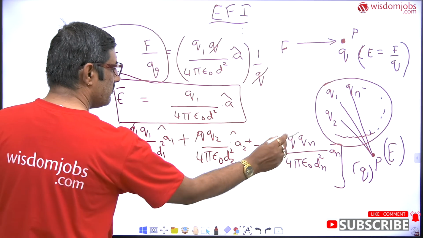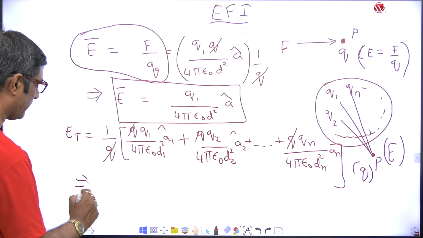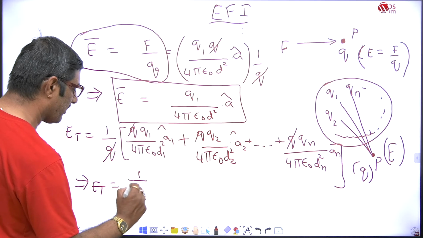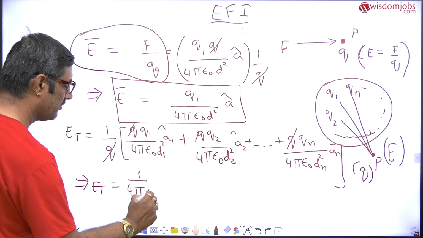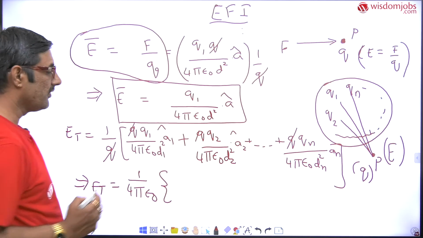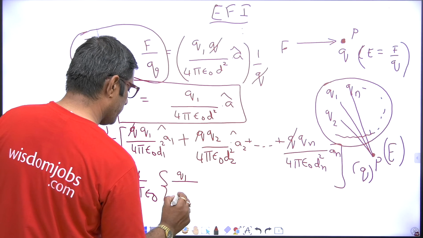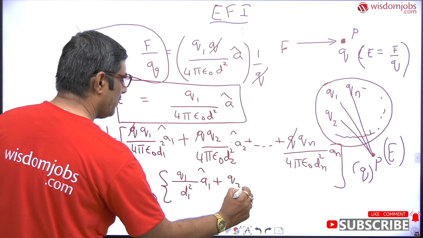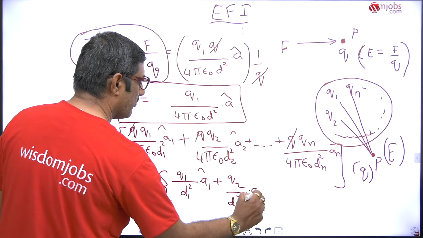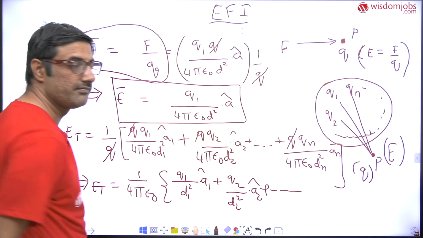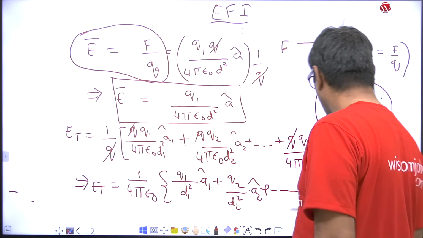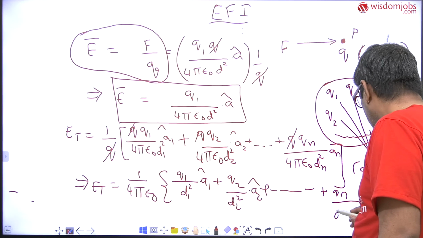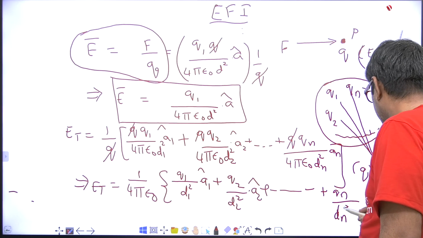So, the total electric field intensity is simply Et equals 1 by 4 pi epsilon naught, which is a common term, into Q1 upon d1 square into a1 cap, plus Q2 upon d2 square into a2 cap, plus so on and so forth up to the last term, Qn upon dn square into an cap.